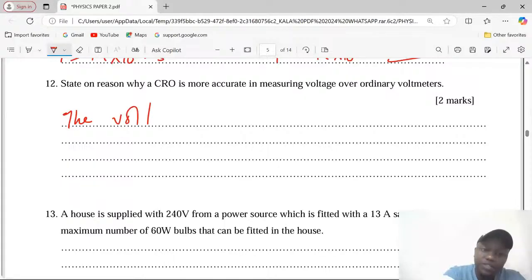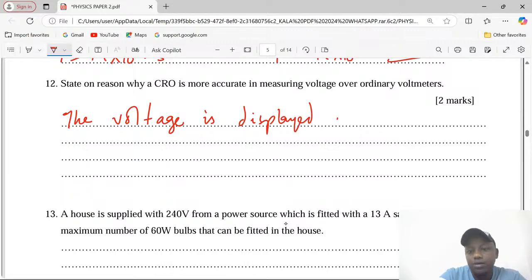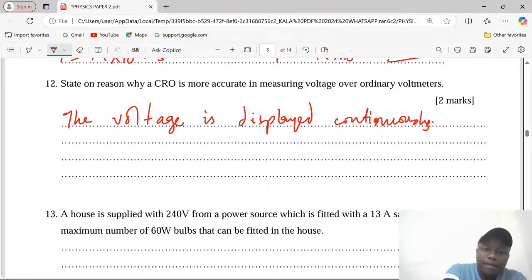The voltage is displayed continuously, so we can monitor how the voltage is changing. Also, it is more accurate.